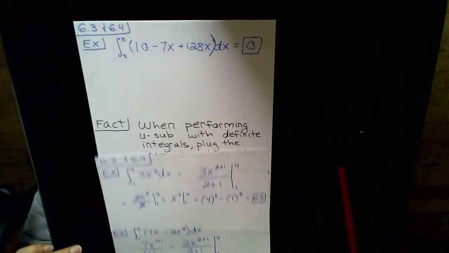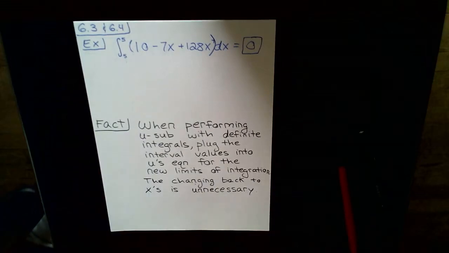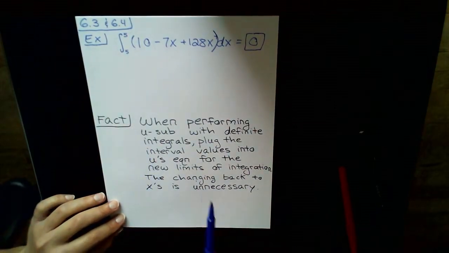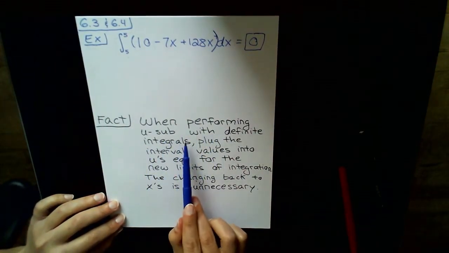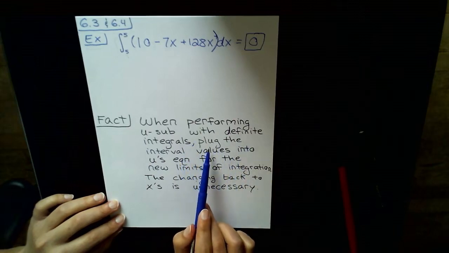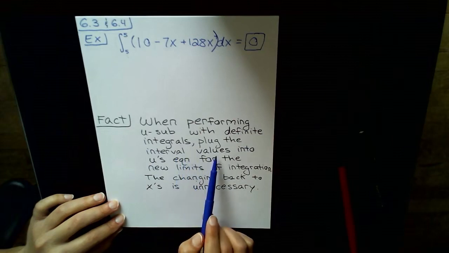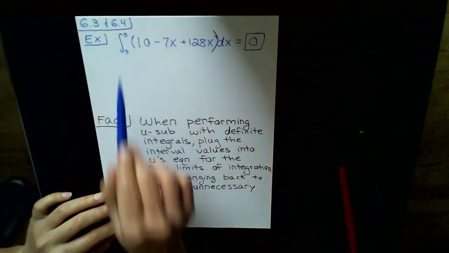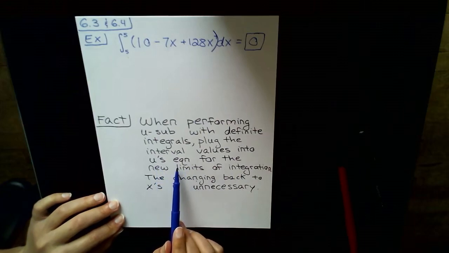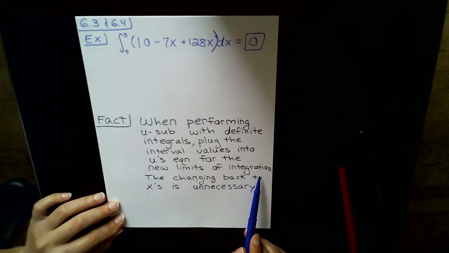Alright, so continuing on from there, we have a fact that says, when performing U substitution with definite integrals, you plug the interval values, meaning the limits of integration, into U's equation to find the new limits of integration.